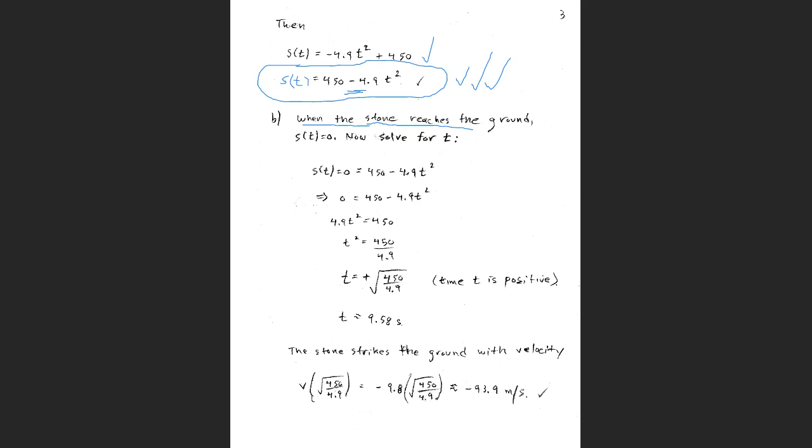Well, the stone hits the ground when S of t is equal to 0. That means you're 0 feet above the ground. So you set your S of t equal to 0 and solve for t.